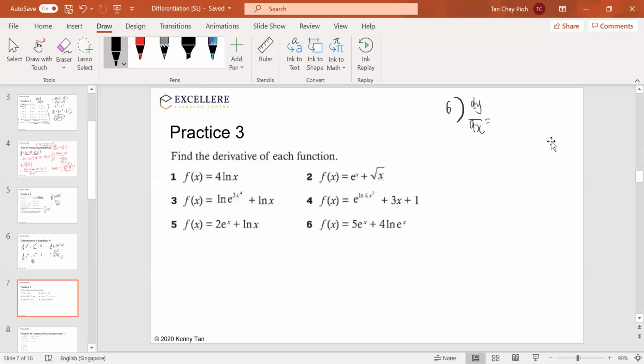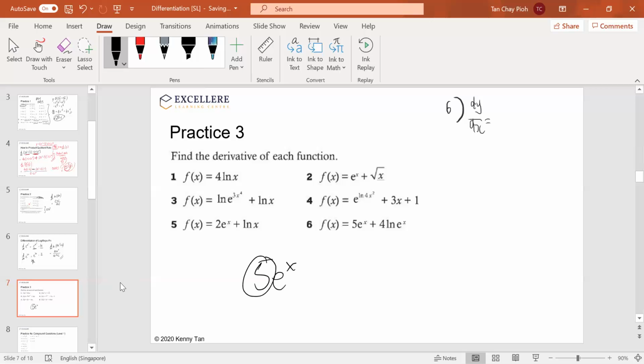Wait, when you differentiate 5e to the x, it's just 5e to the x, right? Yes. Because when you differentiate, firstly, you don't have to care about the constant.